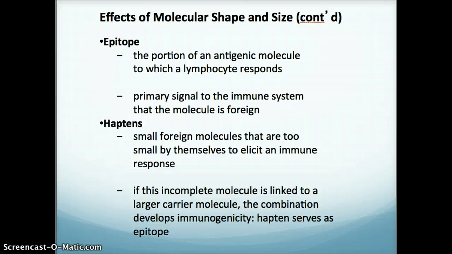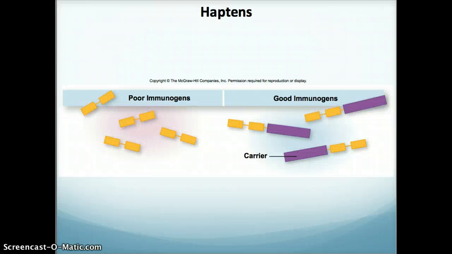And at that point, the hapten will serve as the epitope. And this is just an example of that. We have what looks like a disaccharide, not a very good immunogen. It gets attached to a carrier molecule, and at that point it would be a good immunogen, and the hapten is what would be the epitope of this molecule.